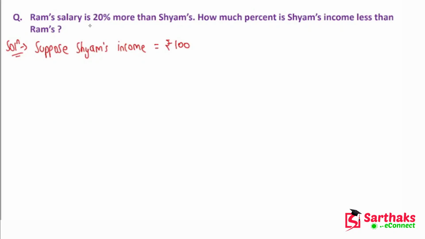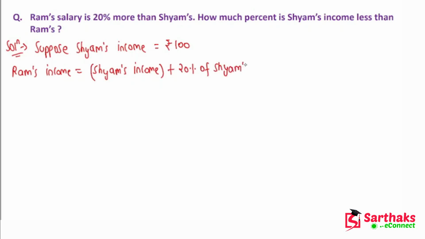Then what will be Ram's income? Ram's income is 20% more. So 20% of 100 is 20 rupees. Ram's income is what? 20% more than Sham's. Ram's income is Sham's income plus 20% of Sham's income.